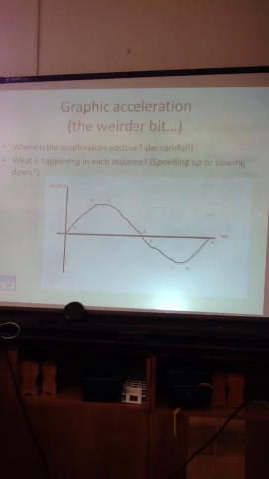Because what? Its position is negative, yes. Whether it's actually going backwards or not, we don't know. But its position is negative. In that section from G to H, velocity is approaching zero. When velocity is approaching zero, what's happening? You're slowing down.